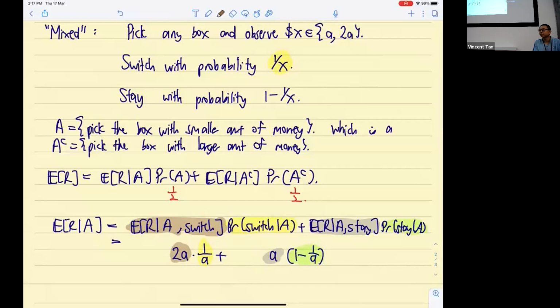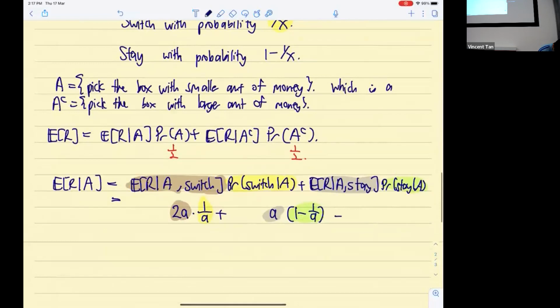Everyone understand this calculation? Okay, so now we can do some algebra.